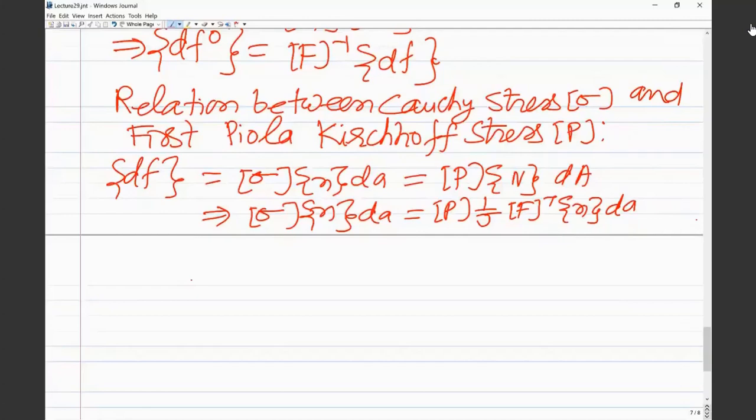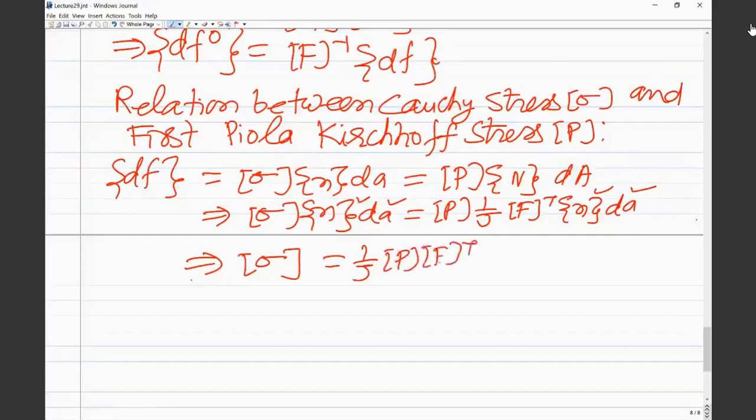we can write now, small n da is common on both sides. So from this you can say that Cauchy stress sigma is equal to 1 upon J times P into F transpose. This is the Cauchy stress in terms of the first Piola-Kirchhoff stress tensor. You can write the inverse relationship also.